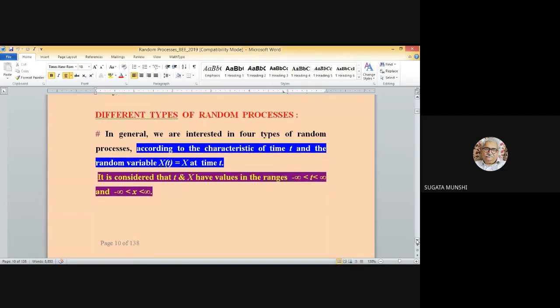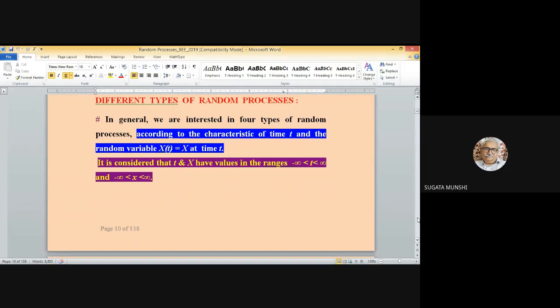Now, random processes are of 4 types from the point of view of the format of time and the format of the values assumed by the random process. I am assuming that t can take on values from minus infinity to plus infinity, and x can take on values from minus infinity to plus infinity.